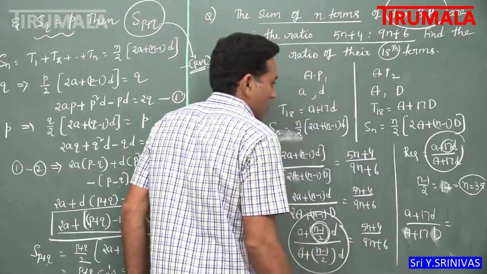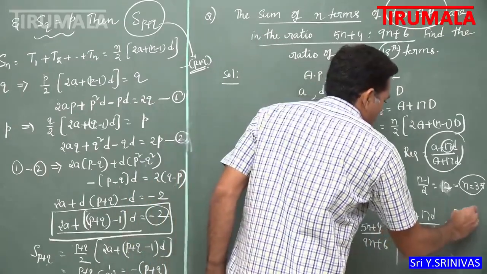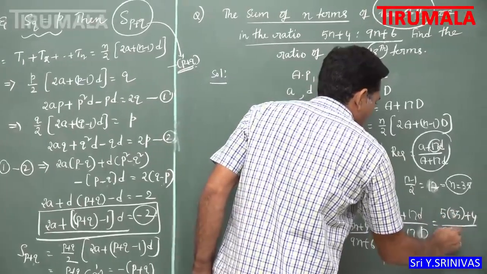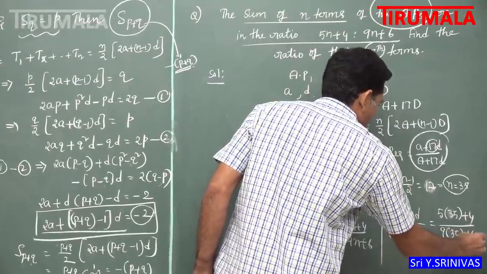It equals 5 into 35 plus 4 by 9 into 35 plus 6.